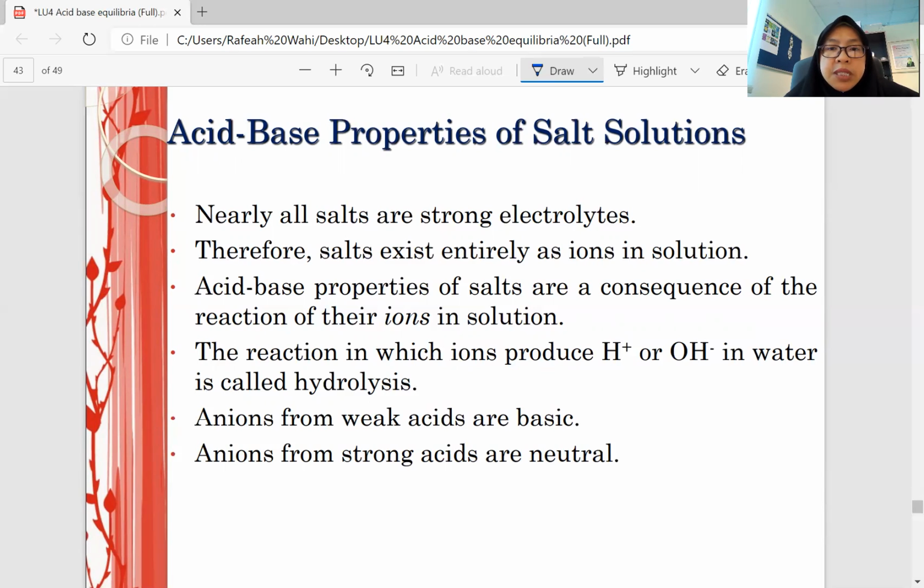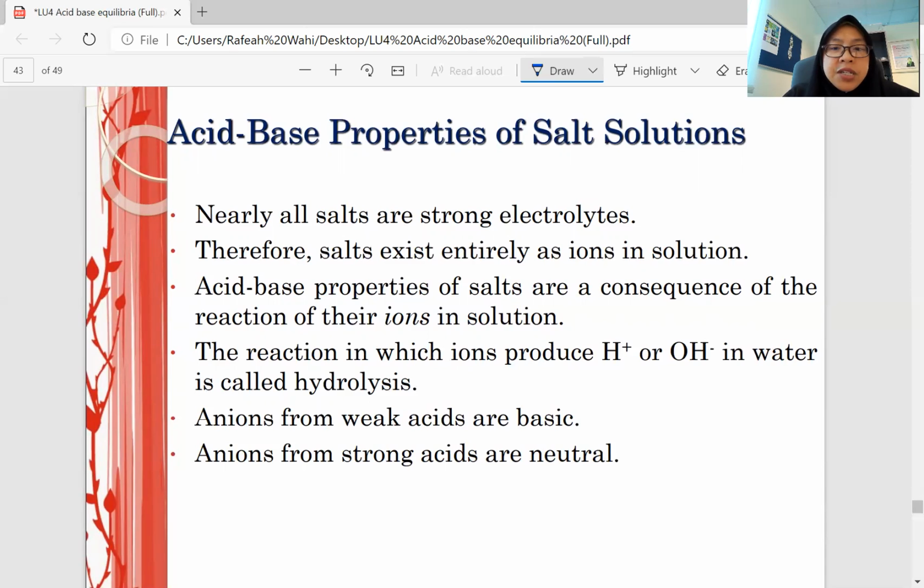So the acid-base properties of a salt are a consequence of the reaction of the ions in the solution. The ions in the salt solution react, which causes the salt to have acid-base properties.